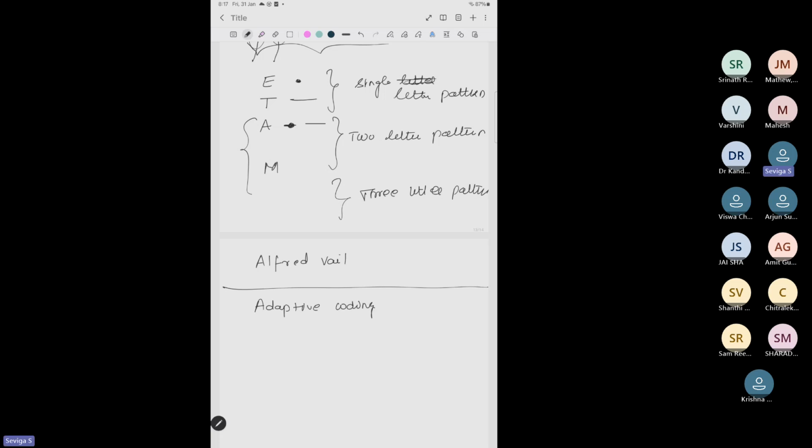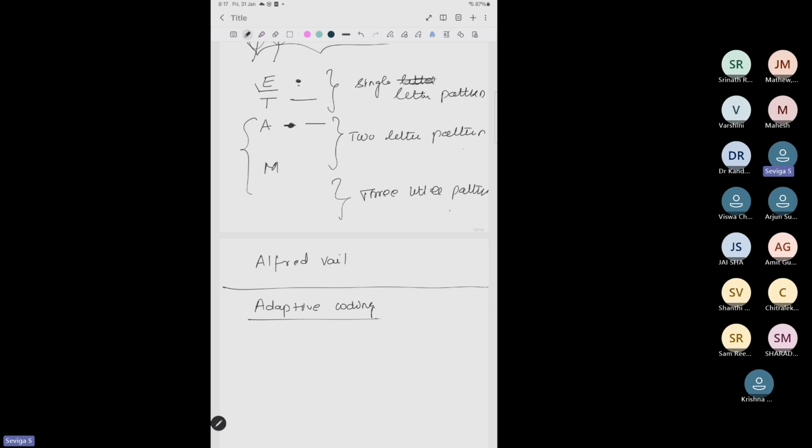What is adaptive coding? Here we saw it has a single letter code, two letter code, three letter code. In adaptive coding, we have a dynamic method of encoding. Encoding means we assign a code value for an alphabet or a number or punctuation.